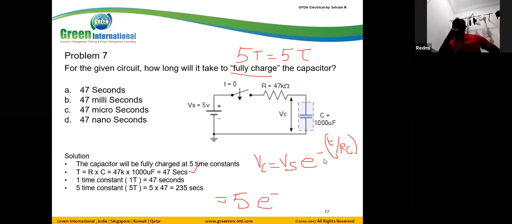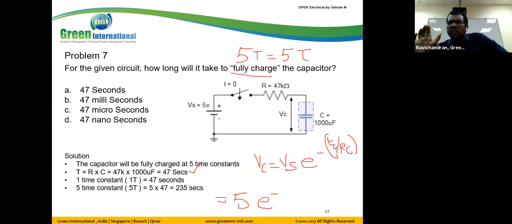VC is equal to VS e to the power of minus t by RC, the formula for the charging voltage. VS is equal to 5 volts from the circuit. Supply voltage is 5, e to the power of minus t by RC, with t equal to 235.